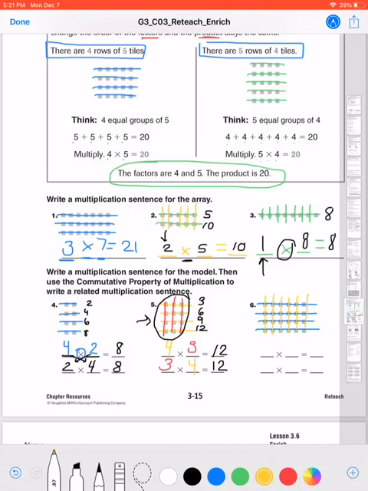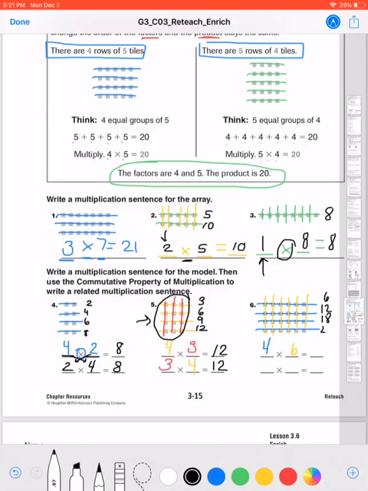So we've got 4 rows of 6. You are so correct. Awesome job. So we're going to count by sixes each time. So we got 6, 12, 18, and 24.